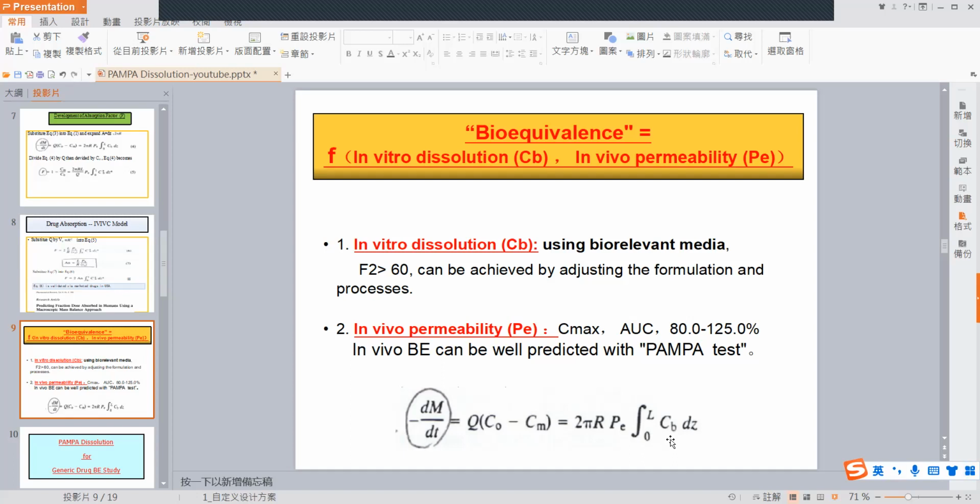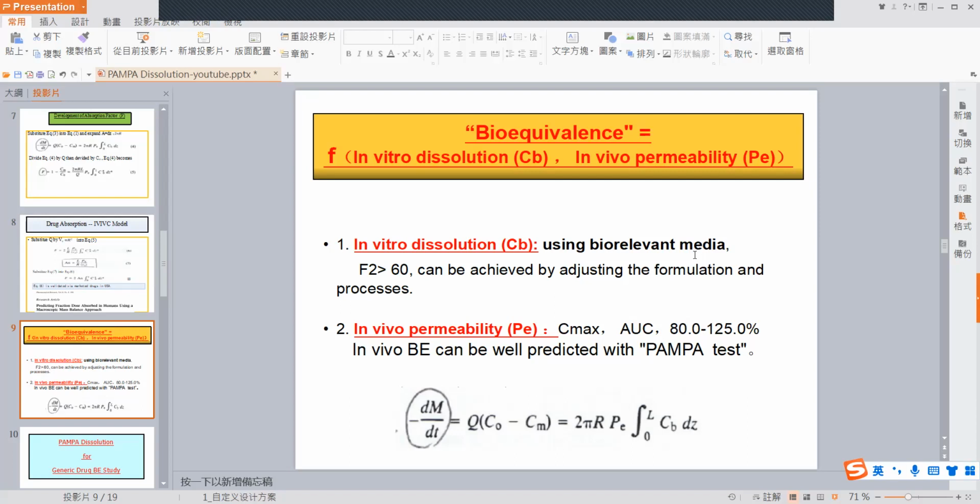variations during dissolution. So such a machine was further developed using what? Using first the bioequivalent media to control the CB, not the buffer solutions. It must be bioequivalent media, because bioequivalent media really mimic the GI media.